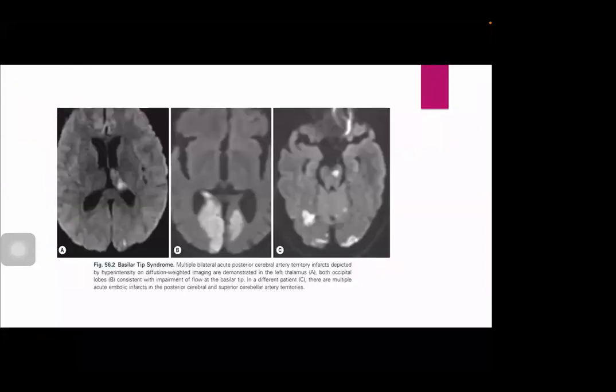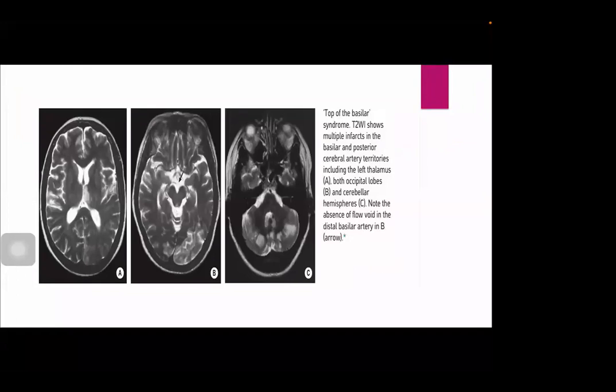You can see here a DWI image showing high signal intensity in the left thalamus and occipital lobe. In a different patient, multiple infarctions involve the posterior cerebral and superior cerebellar artery territories. Again, top of basilar artery syndrome involving the left thalamus, occipital lobes, and both cerebellar hemispheres.